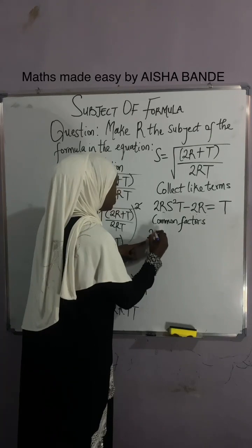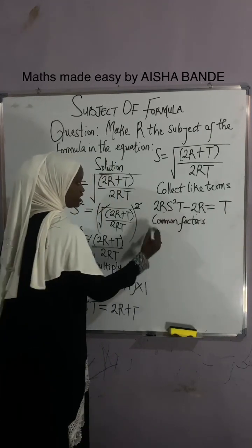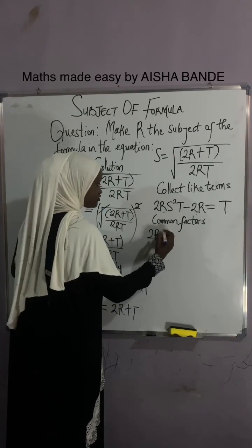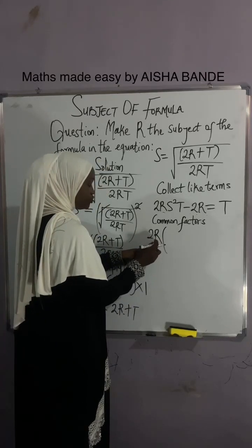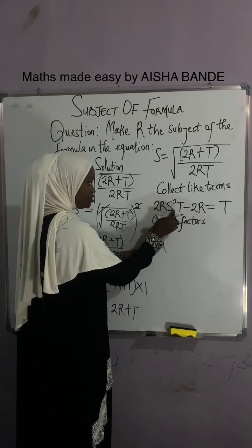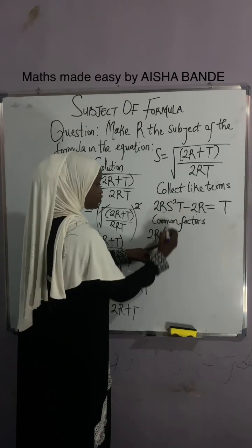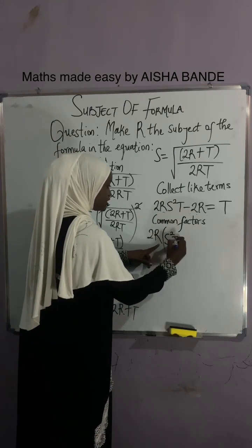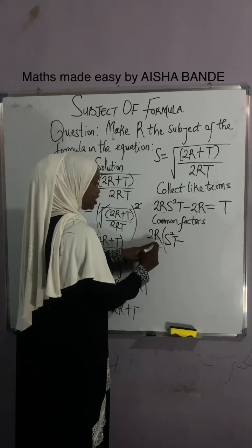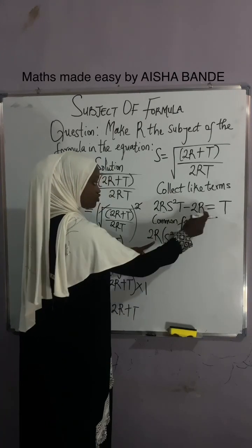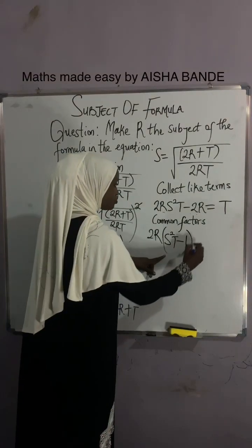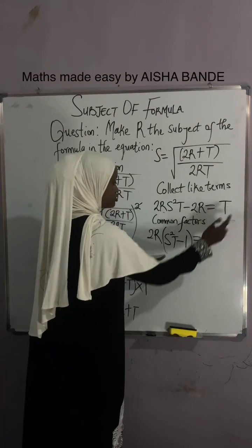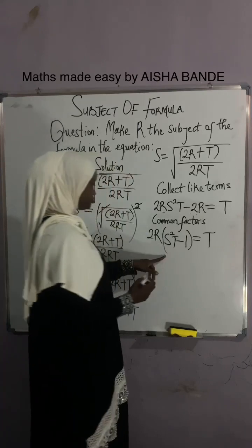So 2R is the common factor. So let's take the factors. When you take the factor of 2R from here, what we are left with is S squared T minus, taking out the factor of 2R from this 2R, we are left with just 1. So this is 1 equal to, then what we have here, which is T.